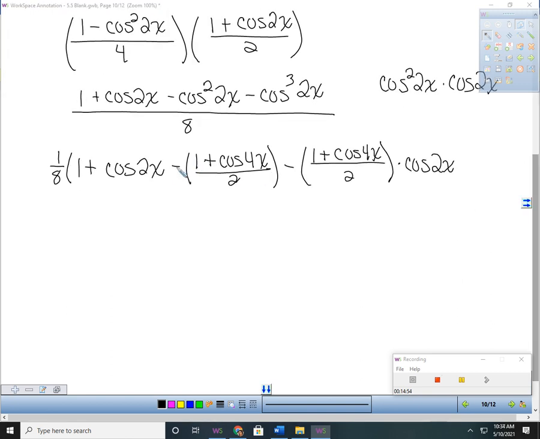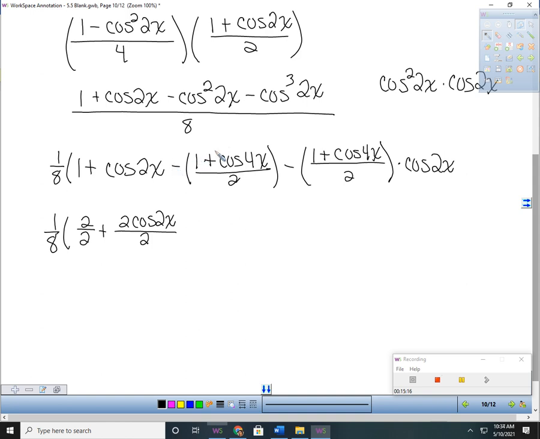So I'm going to distribute these negatives, and at the same time, I'm actually going to go ahead and get a common denominator of 2 over here. So if I were to take the 1 times 2 over 2, that would give me 2 over 2. And if I take cosine 2x times 2, that's 2 cosine 2x over 2.